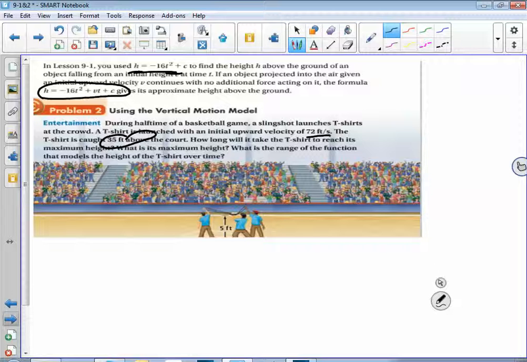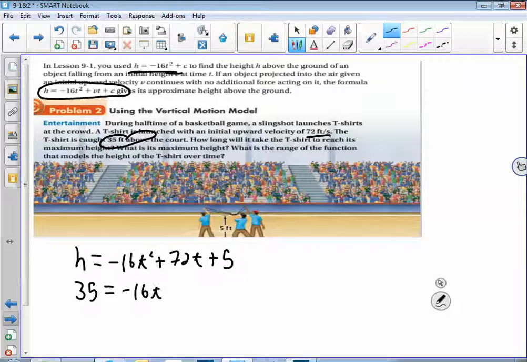So with this thing, we have h equals negative 16 t squared. The initial velocity was 72 feet. And the initial height was 5 feet off the ground. So I have that. But if I put 35 in right here, then I have some stuff I can worry about.